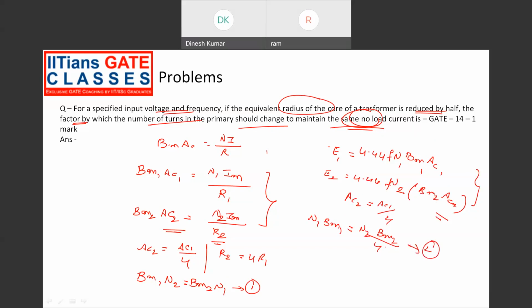So this is equation two. So now if we equate these two, one and two, we'll be getting N1 equal to 2 times N2.